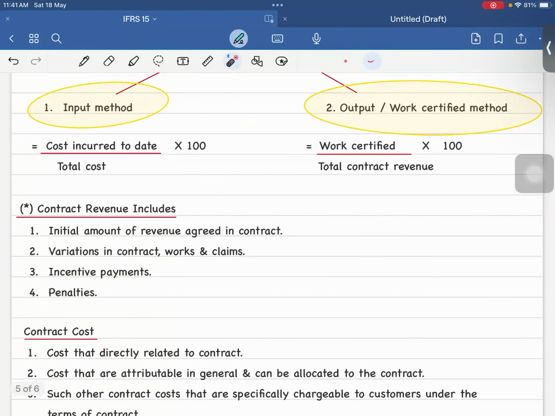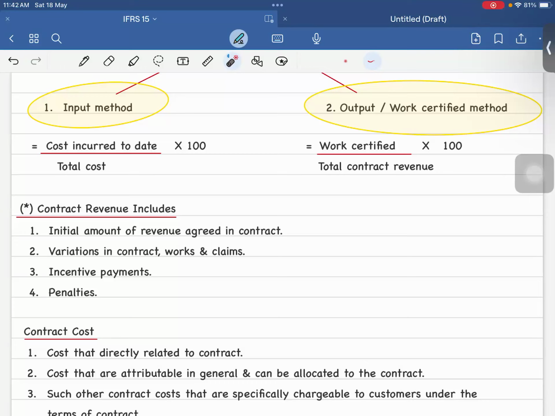Now, what does this contract revenue include, or what does the contract revenue consist of? First, all the amounts that have been initially agreed with the customer. That means everything that is there initially would be included. Second, there might be instances where the customers want more construction to take place, maybe an extension to the existing plan.